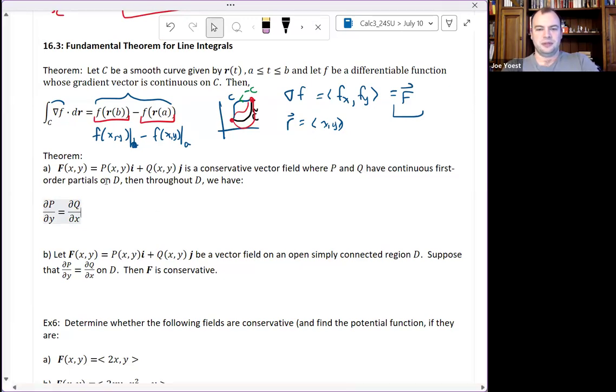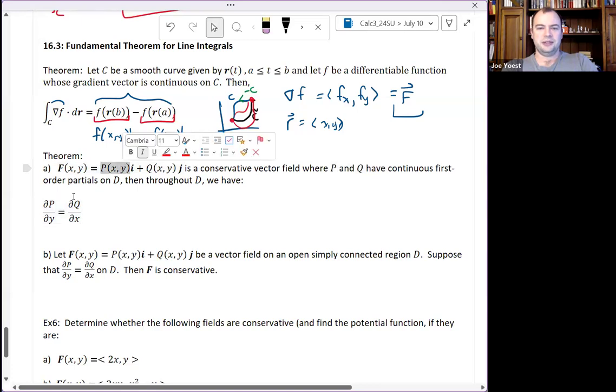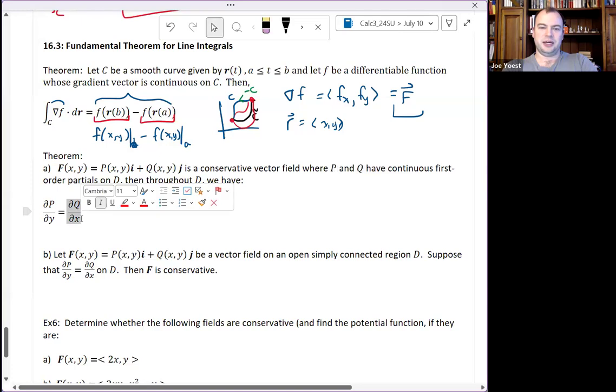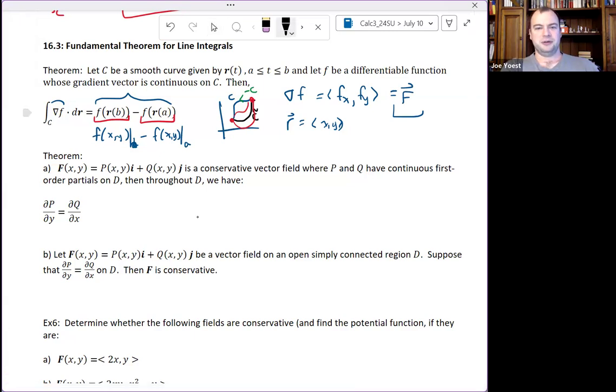So P is in the x component and it gets the y derivative. Q is in the y component, it gets the x derivative. Well, if big F is the gradient of some little f, then P should look like little f_x, right?